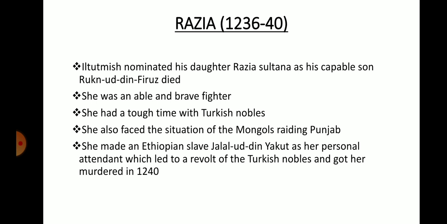There was a great fight among the Turkish nobles, and finally, those nobles got her murdered in 1240 AD. So Razia was killed by her Turkish nobles because of her not paying much importance to the Turkish nobles.